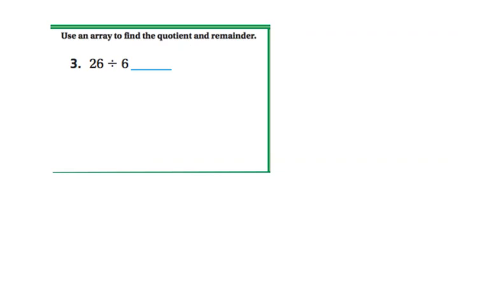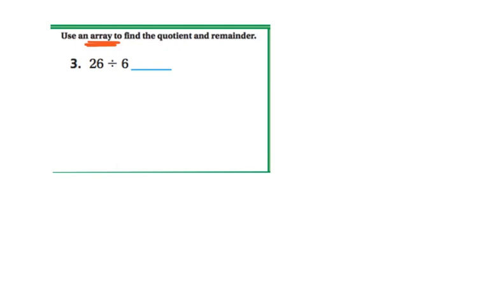So they ask us to use an array to find the quotient and the remainder. So an array. When I'm creating an array, I'm thinking of having a certain number of rows with a certain number in each row. So I'm dividing 26 by 6.